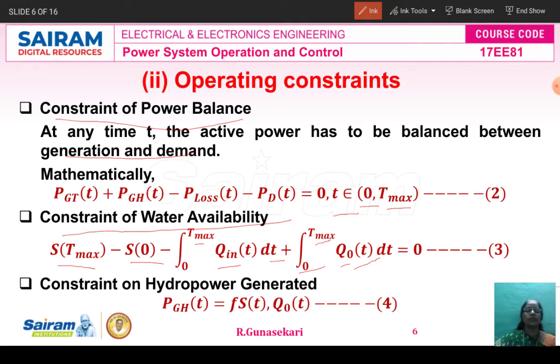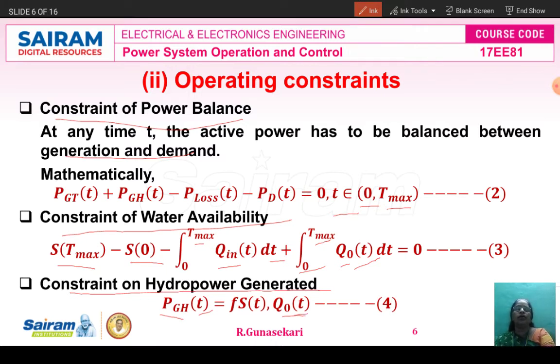This is equation number 3. The next constraint is on hydropower generation. Hydropower generation Pgh with respect to time is equal to a function of S of T, comma, Q naught of T, that is the water available S of T and the water discharge Q naught with respect to time T. This is equation number 4.